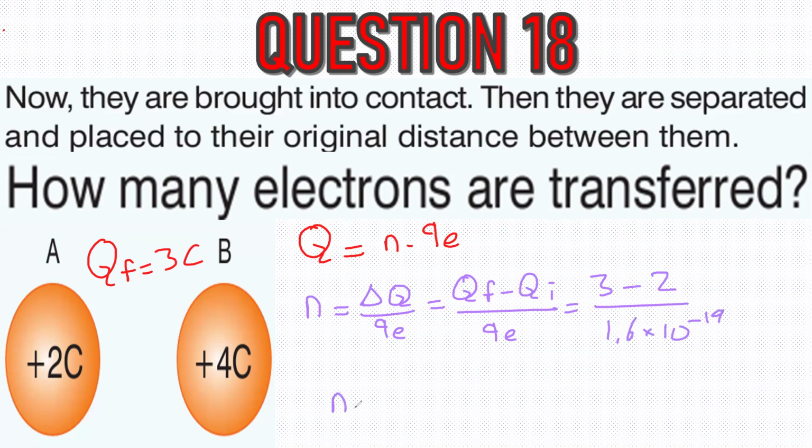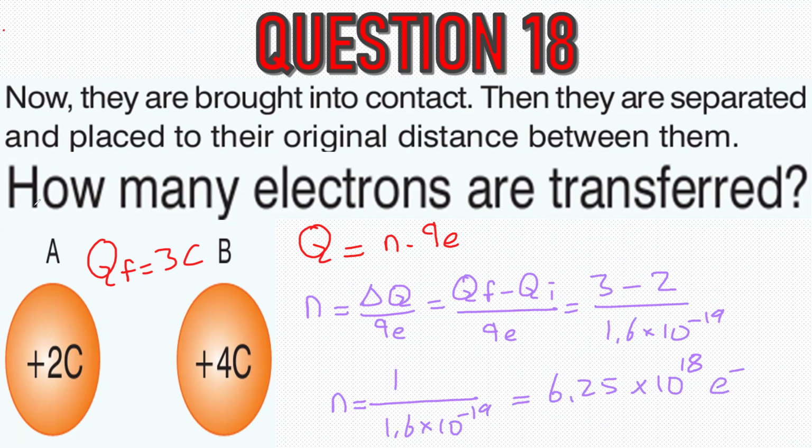When you calculate 1 over 1.6 times 10 to the power of minus 19, you get 6.25 times 10 to the power of 18 electrons. Done. So this question is simple to calculate like this.